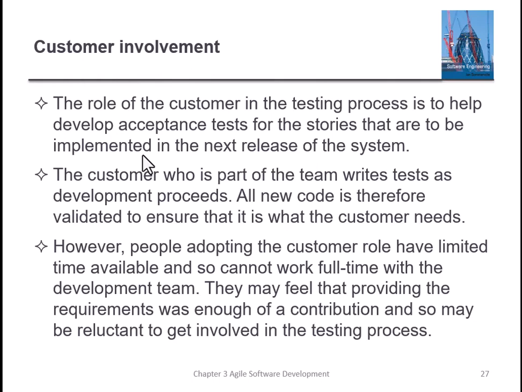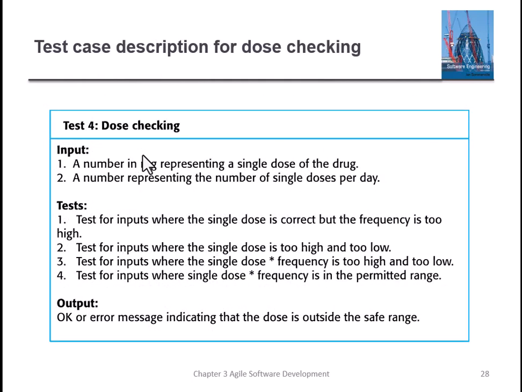So validation is normally done in front of customers. However, people adopting the customer role have limited time available and so cannot work full time with the development team. They may feel that providing the requirements was enough of a contribution and so may be reluctant to get involved in the testing process.